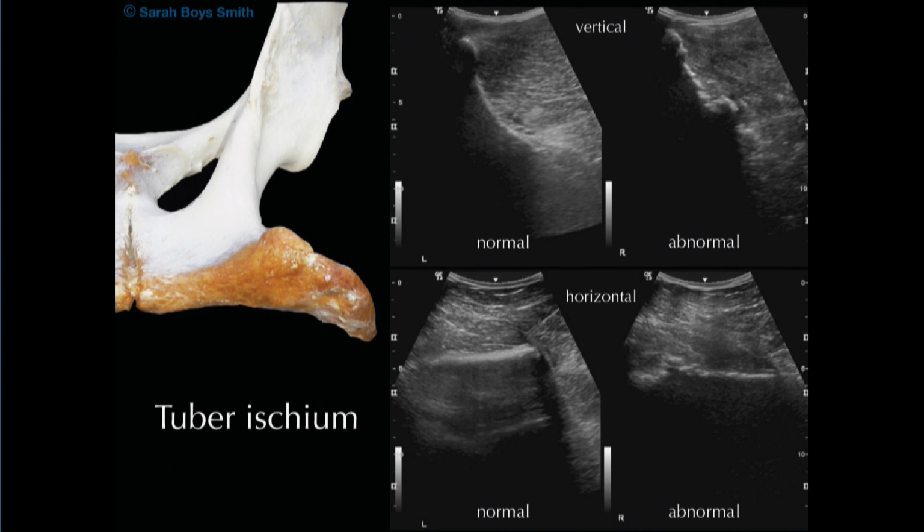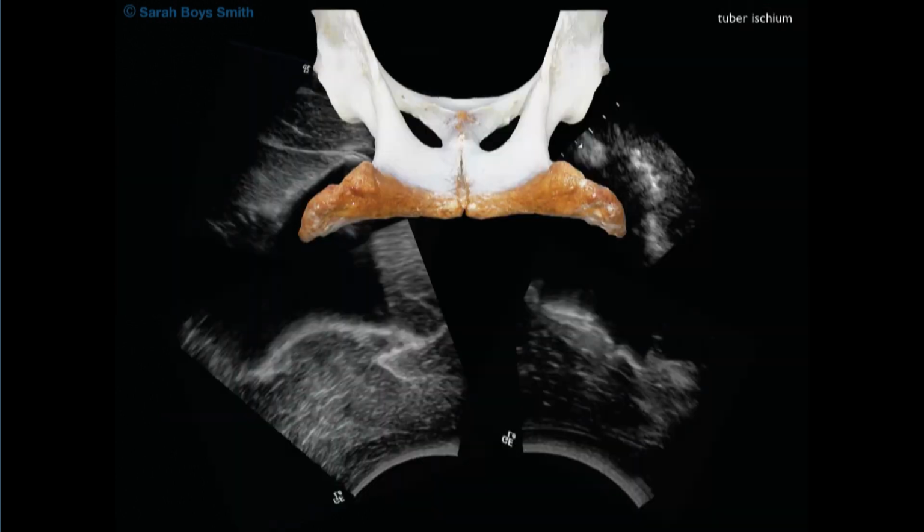So the tuber ischii is obviously the attachment of our semitendinosus, semimembranosus, and our biceps femoris. And what we'll then lose is we've got a normal, nice, bony contour, which will become irregular ultrasonographically. So again, we've got normal on the left, abnormal on the right, and we can then get a variety of presentations of these.